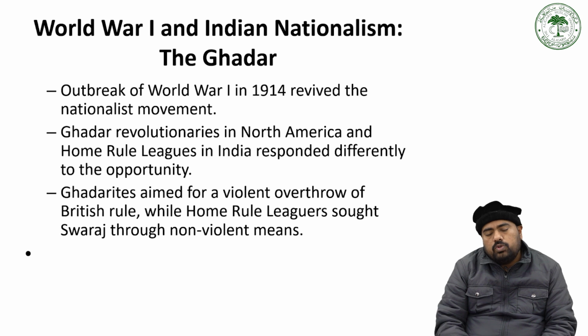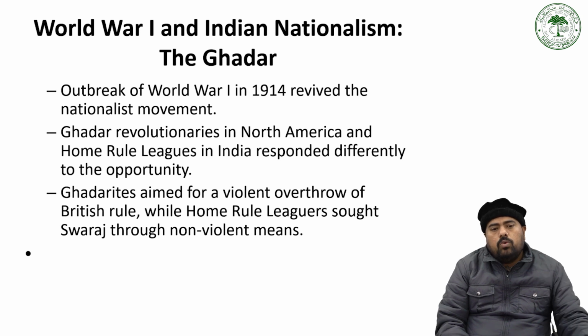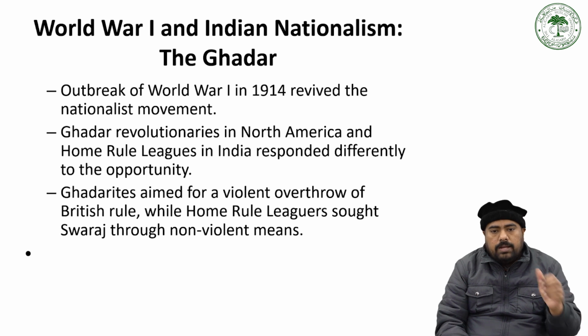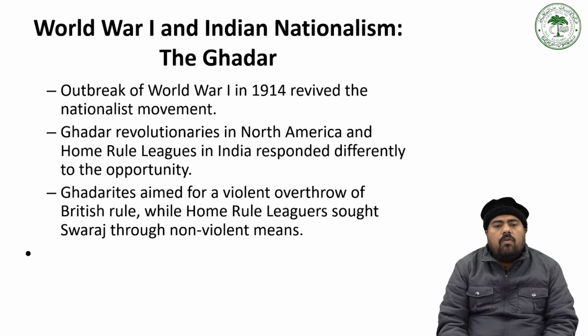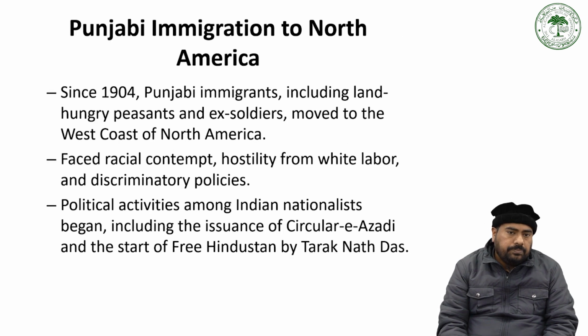And these Ghadar revolutionaries in North America and Home Rule leagues in India responded differently to the opportunity. The revolutionaries are also called Ghadarites. They aimed for a violent overthrow of British rule, while Home Rule leaguers sought Swaraj through non-violent means.